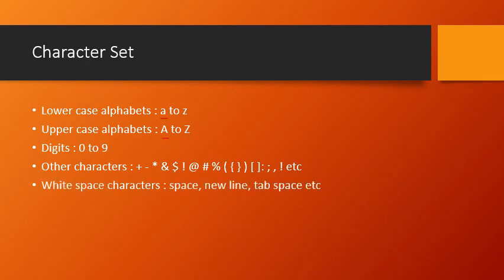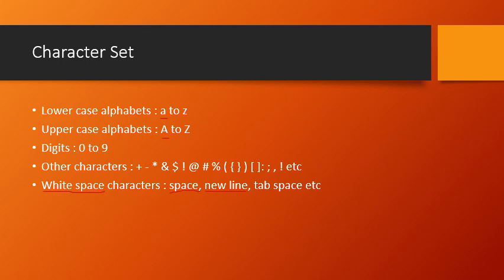Along with this, it also contains white space characters. White space characters are basically invisible. For example, the space bar. When you type a space, does it get displayed? No, we just see an empty space, one character space. That space is also one of the characters of C, and it has a certain meaning. New line character means when we press the enter key on the keyboard, the cursor will jump onto the next line.